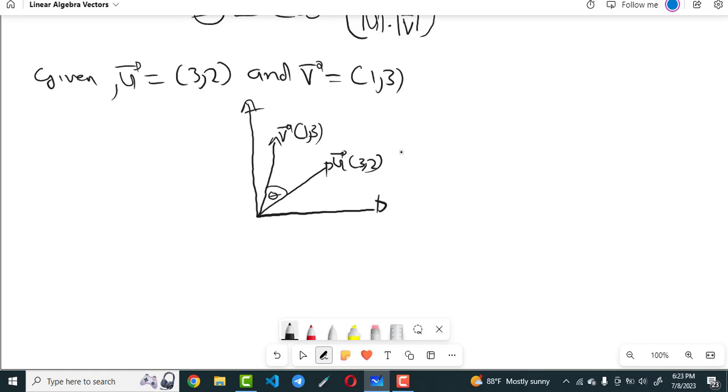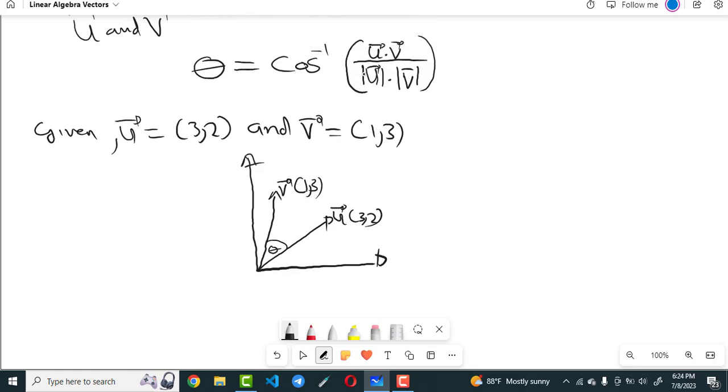To find the angle between two vectors, we use the formula that I have written above. To use this formula, the first thing we need to do is find the dot product.